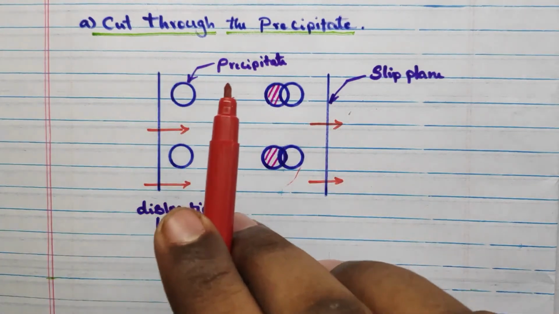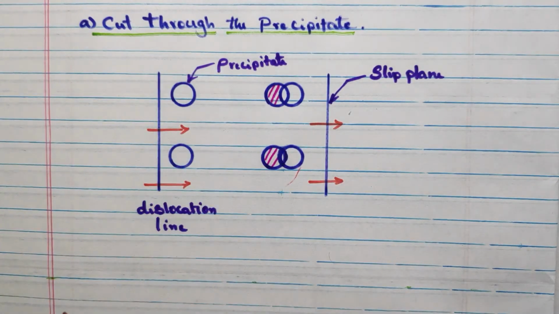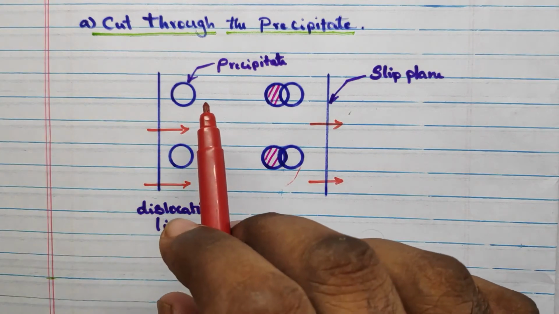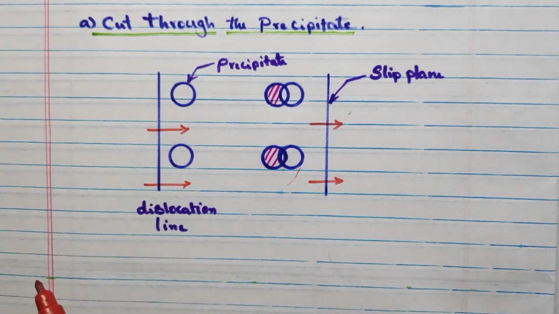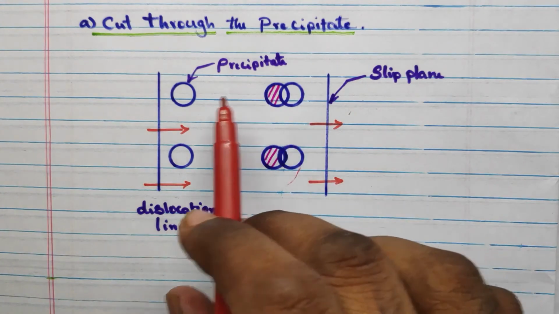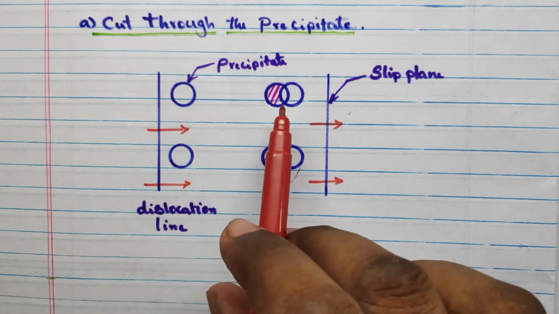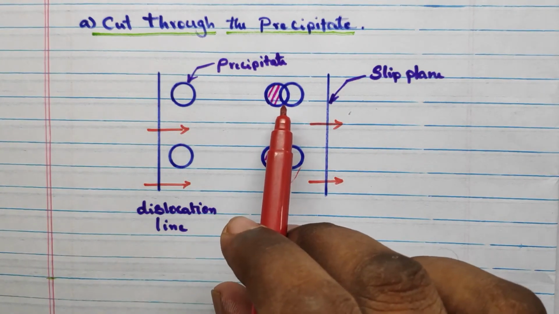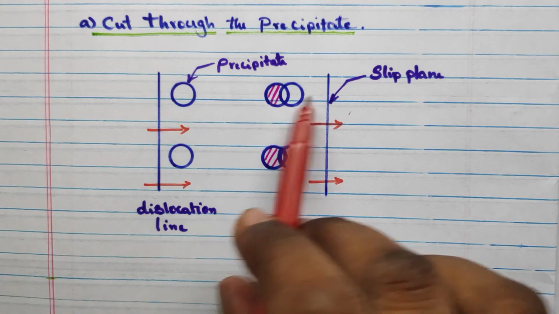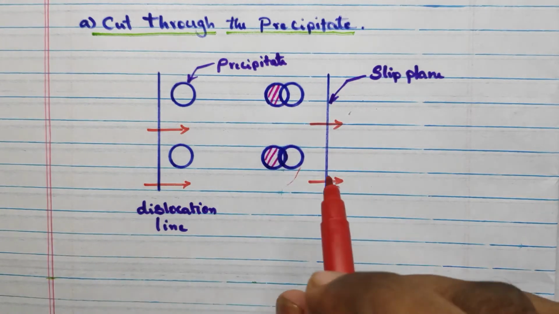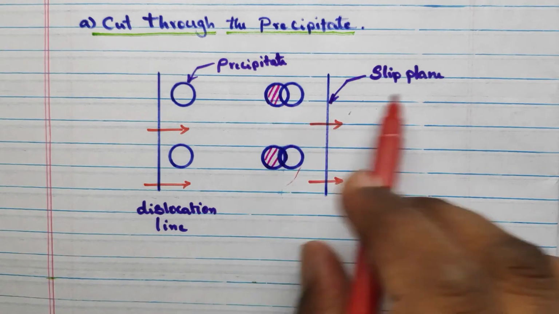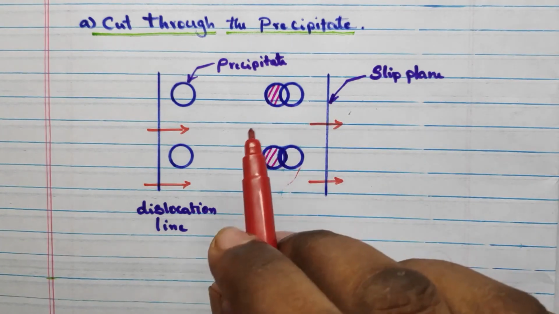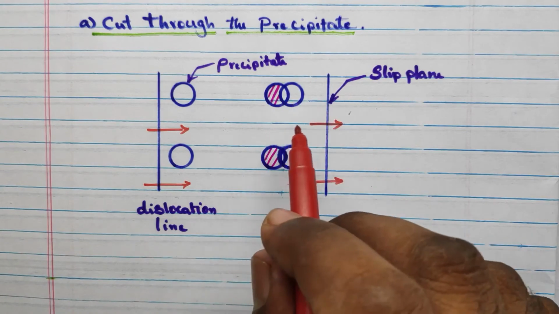This picture is actually a top view. For better understanding, think of this precipitate as a ball. When it is sliced, just think this ball is cut into two pieces, and the upper piece is moved along the slip line.